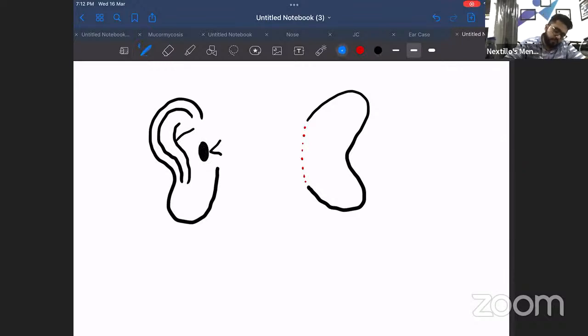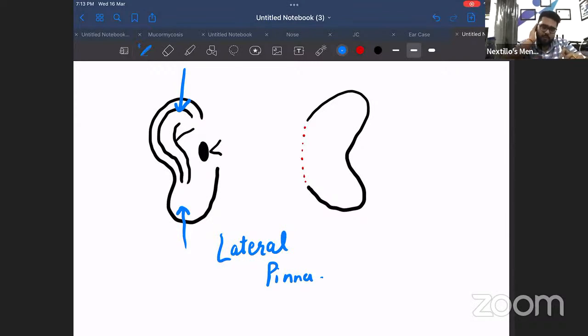This surface, where we are looking right now, is called the lateral surface of the pinna. Everybody, while learning this, touch your ear. The part which you can touch is the lateral surface of the pinna.